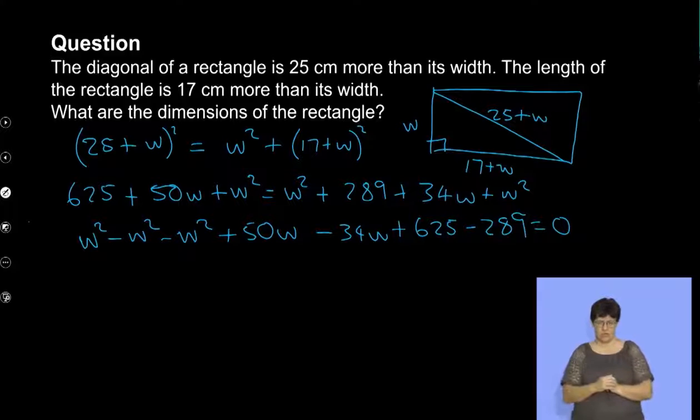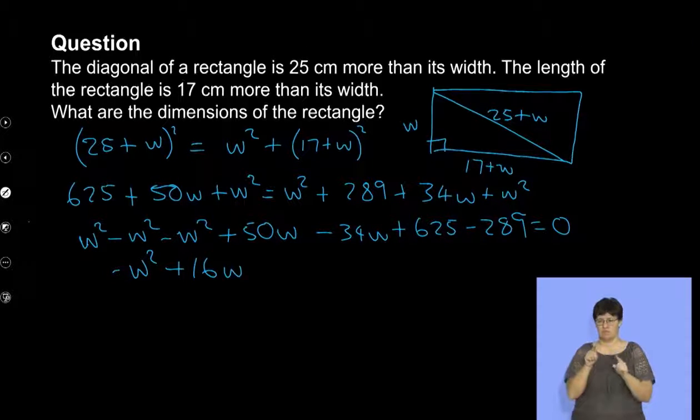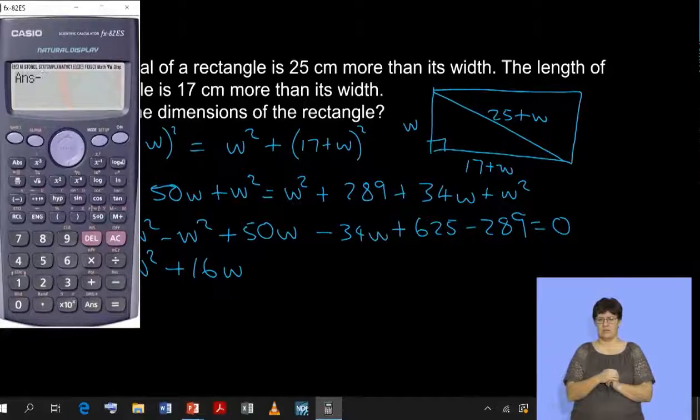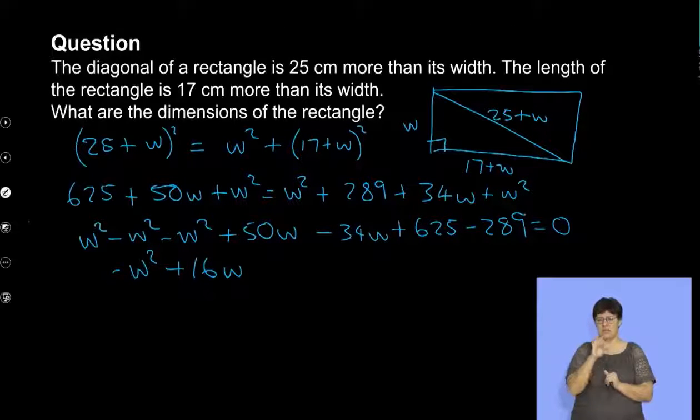Then quickly, just if you want to simplify this, w squared minus w squared will be 0, so I'll have a negative w squared. 50 minus 34 will then give me 16, so this will be plus 16w, and then 625 minus 289, this will be 336, right? So plus 336 equal to 0.